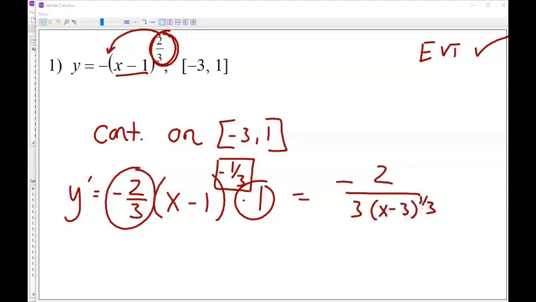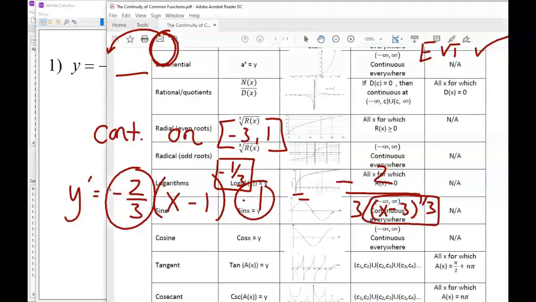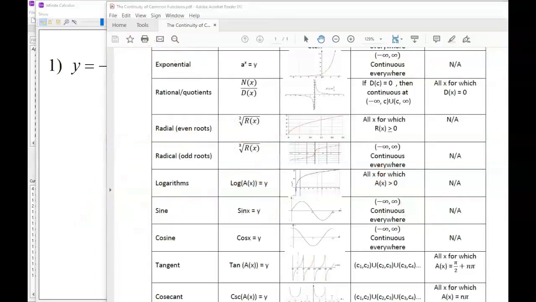As soon as you get something in a denominator like that, you have a discontinuity somewhere. This is a cube root function, but it's also kind of like a rational function, because it's a fraction. And when you have rational functions, they are discontinuous anytime the denominator is equal to 0.